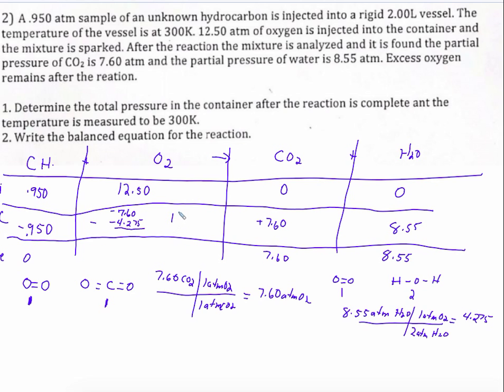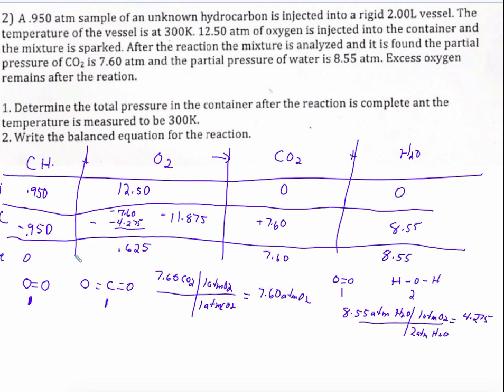So the total amount, if you add these two together, I'm just going to write it over here, is the O2 is going to go down by 11.875 in total. The amount to make the CO2 and the amount to make the H2O added together makes 11.875. So at the end of the reaction, the amount of oxygen that's left over is 0.625.